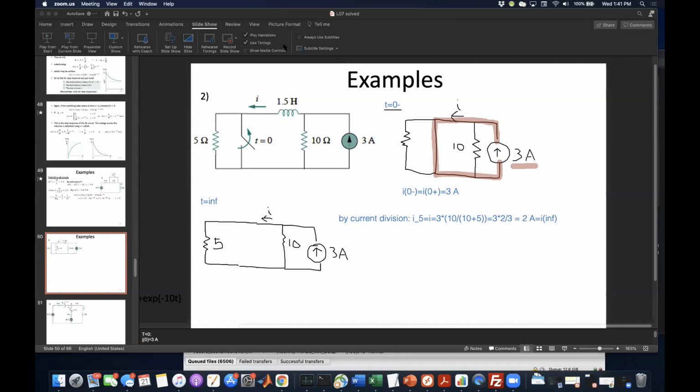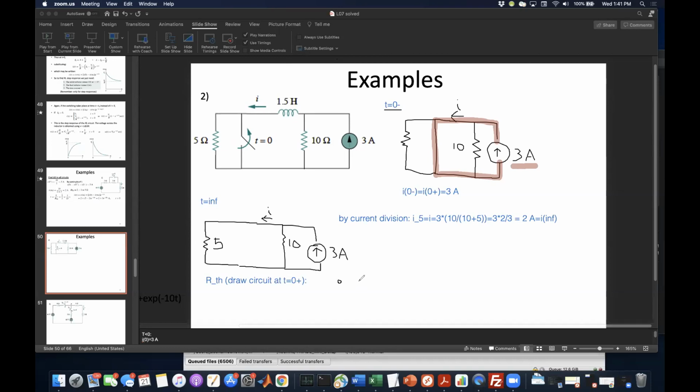And then the last part of the solution is to get RTH. Draw the circuit at time equals 0 plus for that. We're going to be looking from the point of view of the inductor.